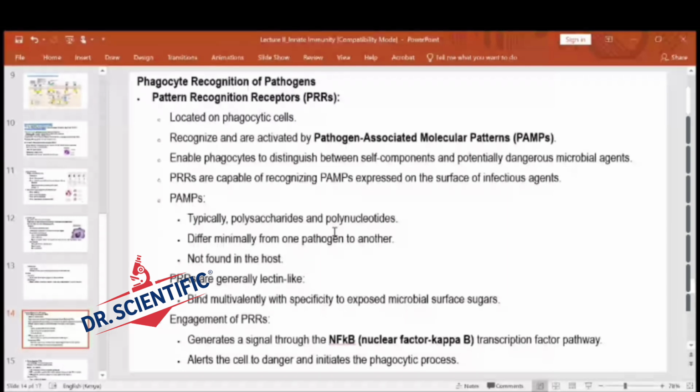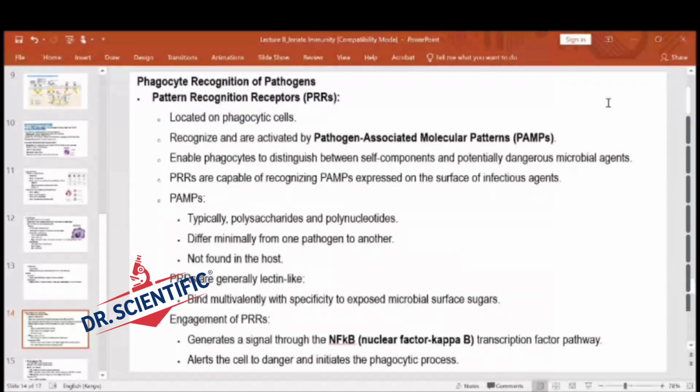Viruses are going to have nucleic acids, what we refer to as polynucleotides. So the differences are there, and that's how these cells are able to differentiate between the pathogens.